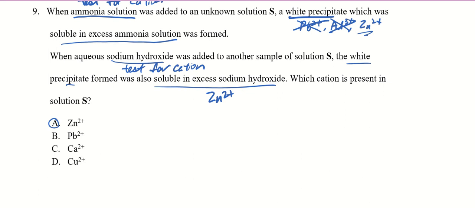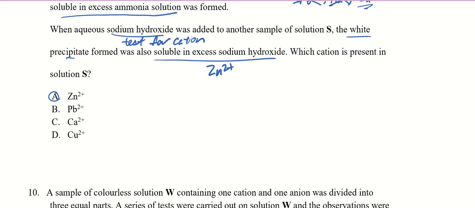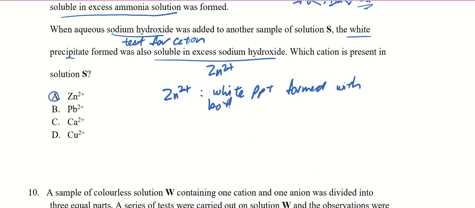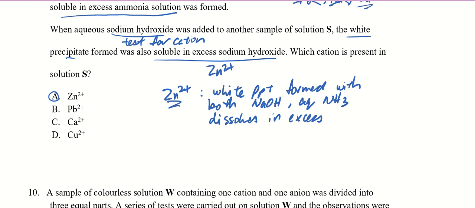Just a note, zinc 2+ is the only cation where the white precipitate formed with both aqueous sodium hydroxide and aqueous ammonia dissolves in excess.